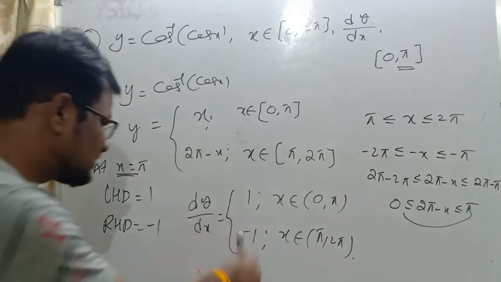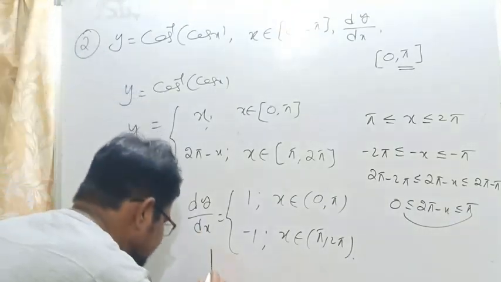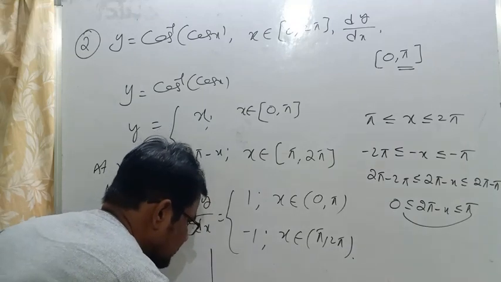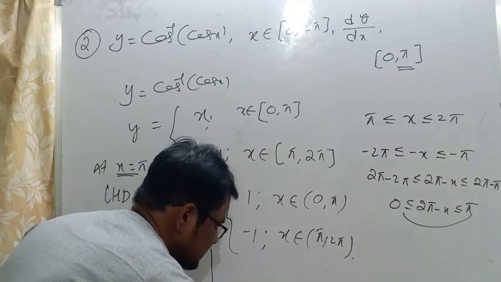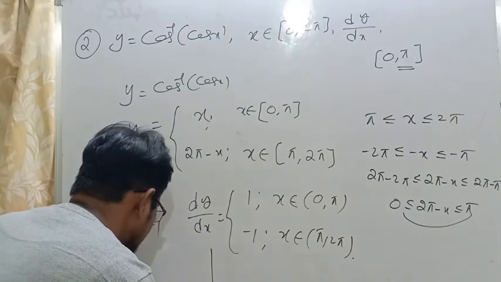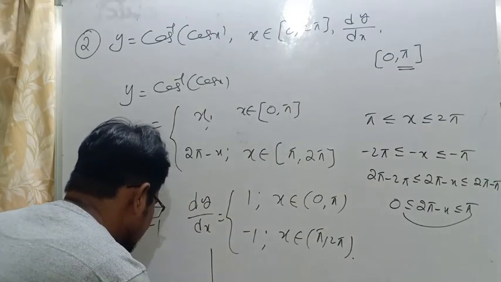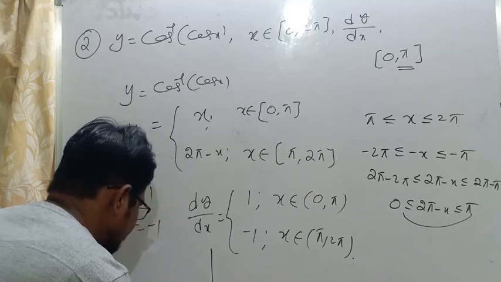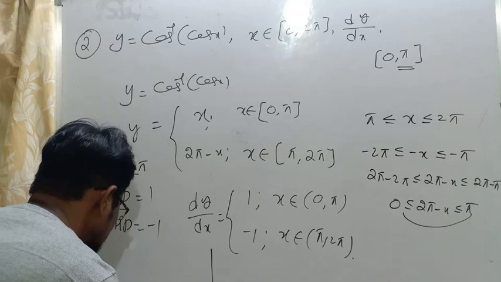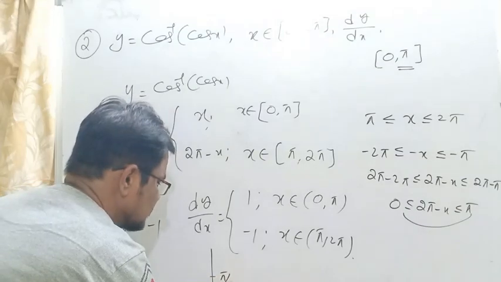So if you take the graph of this one, here 0, here pi by 2, here pi, here 3 pi by 2, here 2 pi, and here minus pi by 2, minus pi, minus 3 pi by 2, minus 2 pi, here pi by 2, here pi.